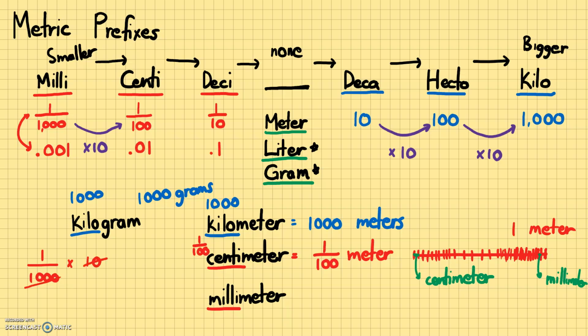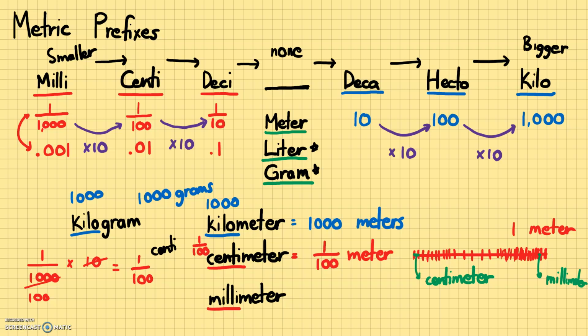And you'll cancel. This will become 100. So that will become 1 over 100. Okay, so this is centi right here. And the same thing, we can say the same thing for deci. If you want to go from centi to deci, you'll have to multiply by 10.